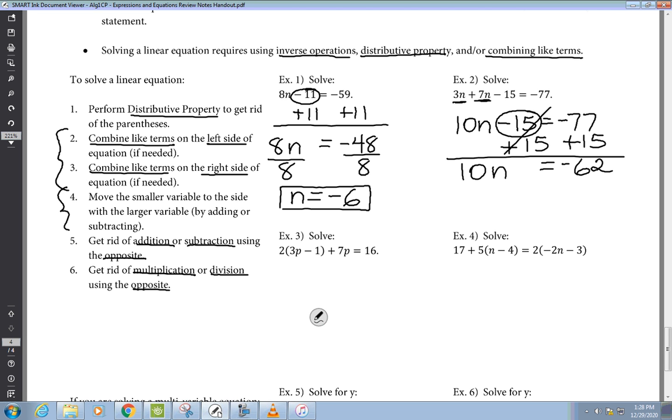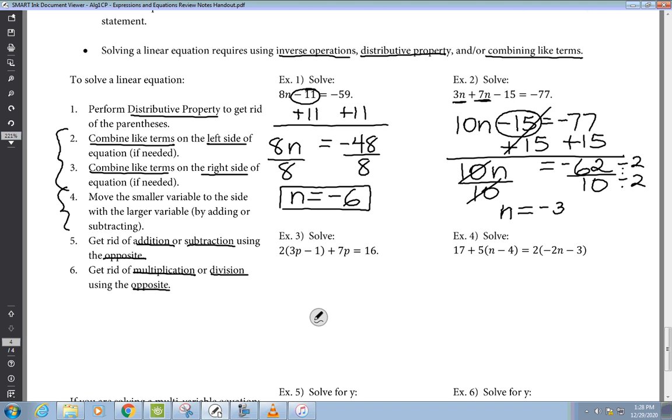So once again, you have a variable next to a number. That means multiplication. The opposite of multiplication is division. Divide both sides by 10. So you have n equals negative 62 over 10, that can be reduced by dividing it by 2.